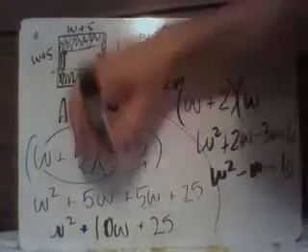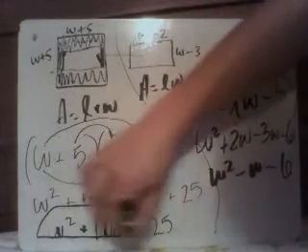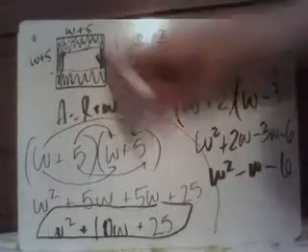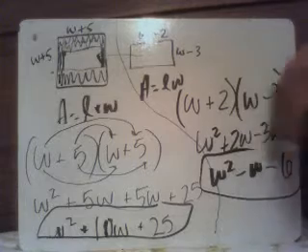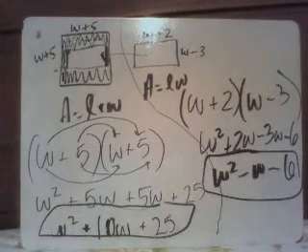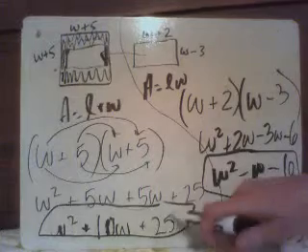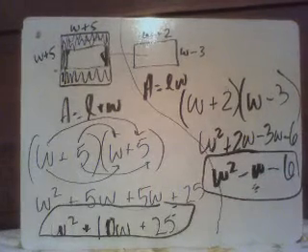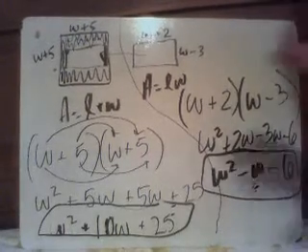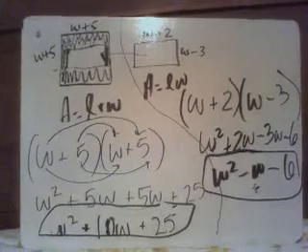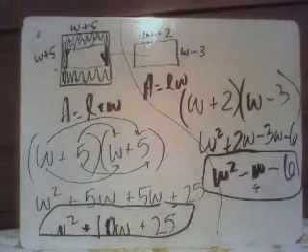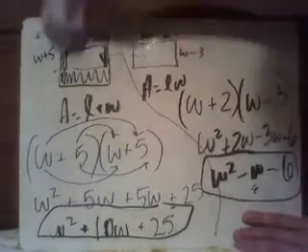Let's recap. This is the area of the square, and this is the area of the rectangle. I need to subtract the rectangle area from the square area. So if you need to, you can pause the video and copy this down, but I'm going to have to erase it right now and recopy because I'm running out of room.